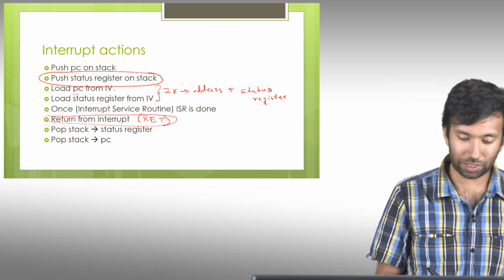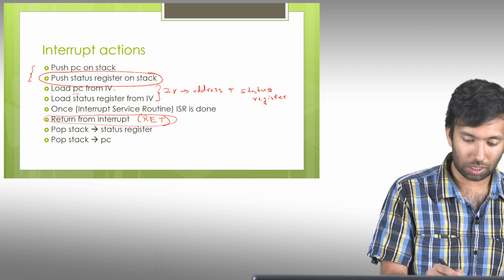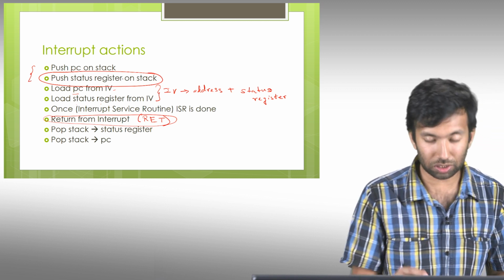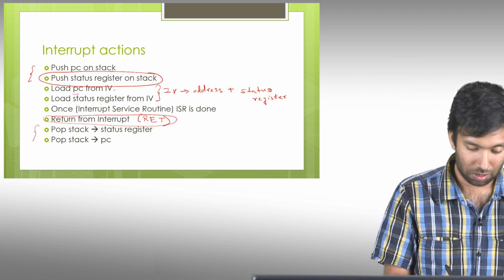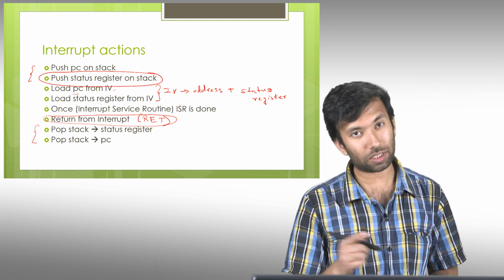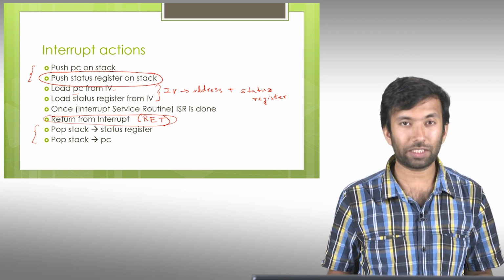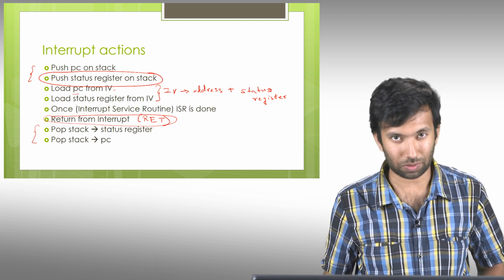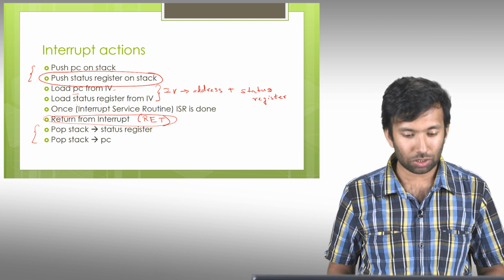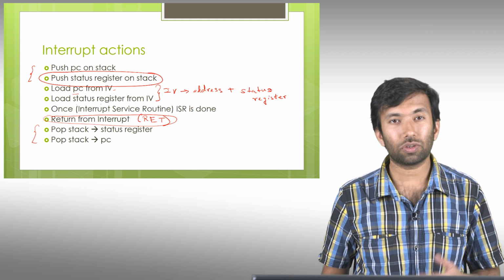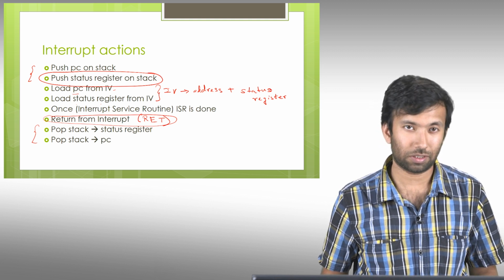Now, notice one thing: we pushed in the order program counter first, then status register, but when we are popping, we pop the status register first and then the program counter. This is because the stack is last in, first out. So, these are the steps that you have to take in order to execute an interrupt.